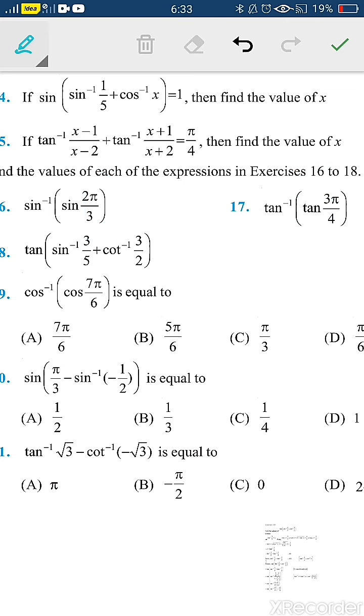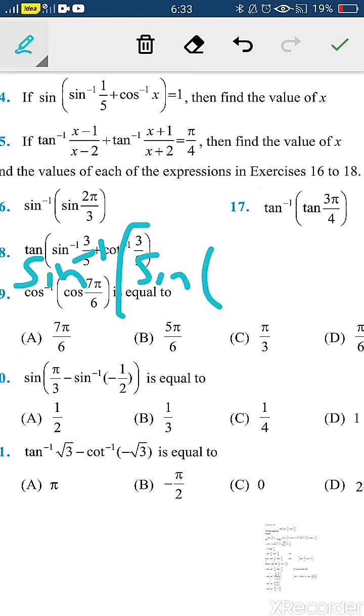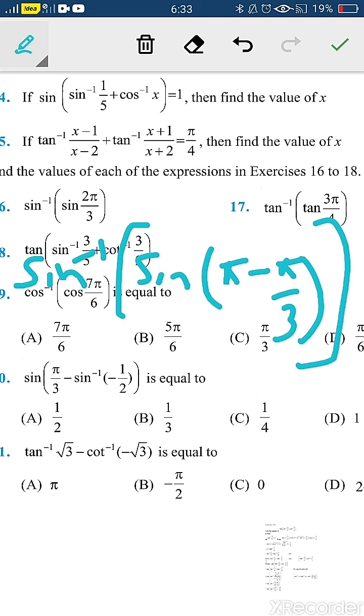We know that sine inverse of sine 2 pi by 3 can be written as sine inverse of sine of pi minus pi by 3. Yes, it can be written like this. It is in the second quadrant, so this becomes sine inverse of sine of pi minus theta.